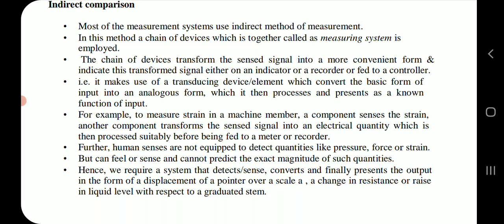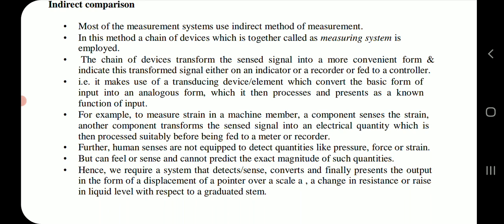For example, to measure strain in a machine member, a component senses the strain, another component transforms the sensed signal into an electrical quantity, which is then processed suitably before being fed to a meter or recorder.